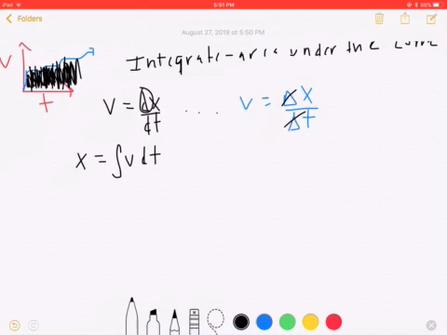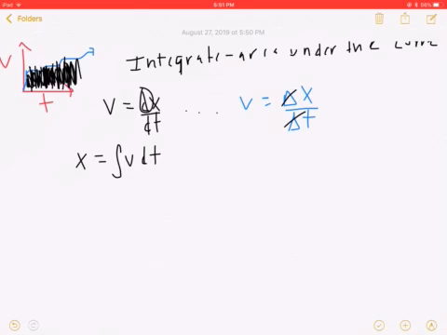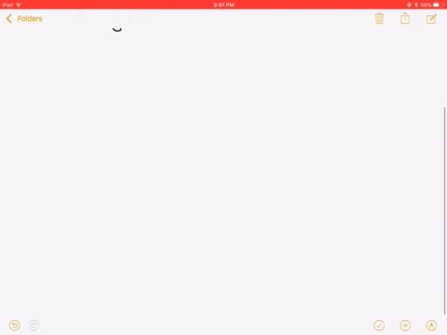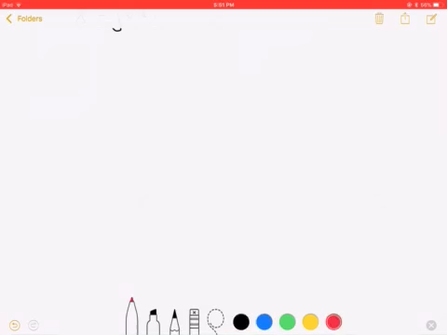So I'm going to take a look at page number 20, number 1. Let me scroll down and give us some room here. The function that we're given for velocity is 5t plus 20. We want to find the displacement.